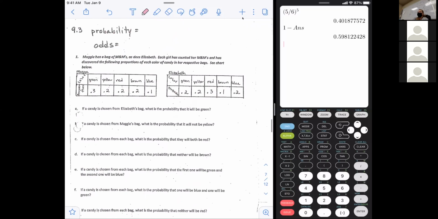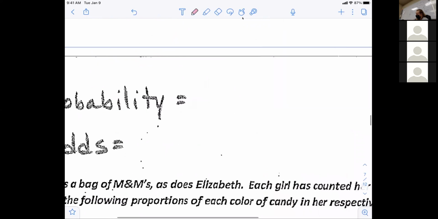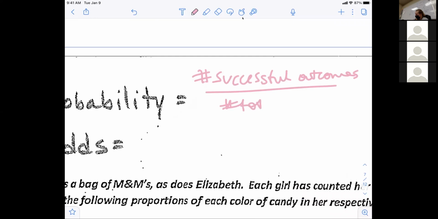So the last thing I wanna talk about is, what does probability mean? What does odds mean? Probability, again, we've been doing this over and over. I'm sure you've learned about it at some point, but the official math definition is the number of successful outcomes over the number of total outcomes.